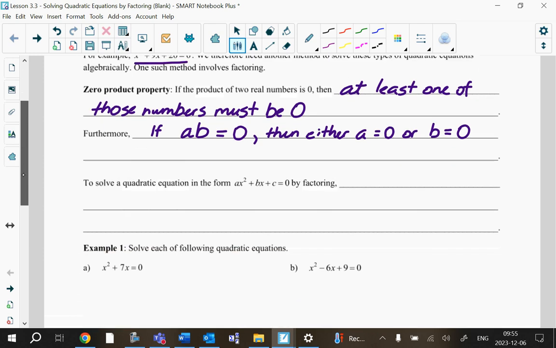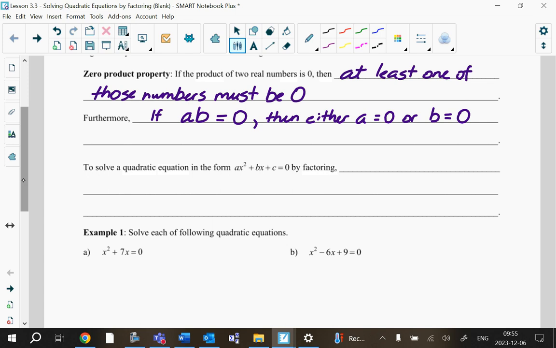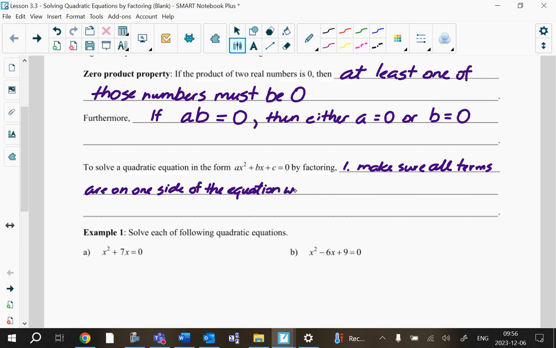So to solve a quadratic equation by factoring, first thing we do, make sure all terms are on one side of the equation, with 0 on the other side. Two, factor the expression that's all by itself on one side.